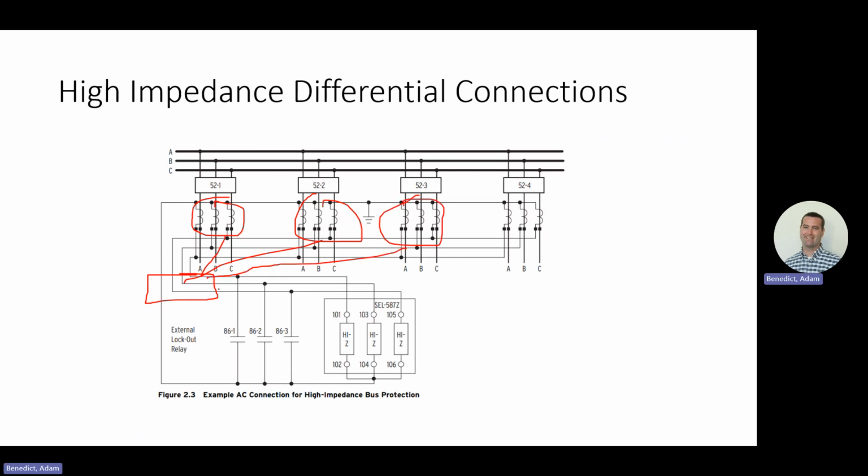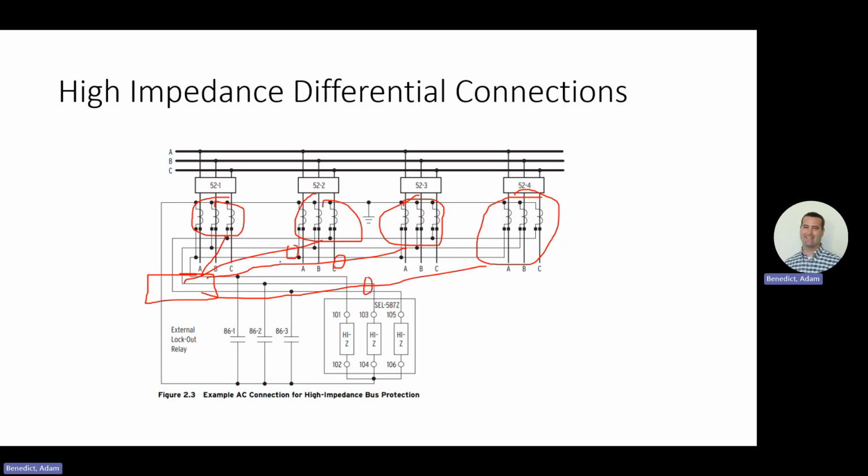And this junction box would be installed centrally to all these breakers, with the goal being each one of these leads would be as close to the same length as possible. If this one's super short and this one's super long, you're going to have a difference in your currents, which will result in a difference here.